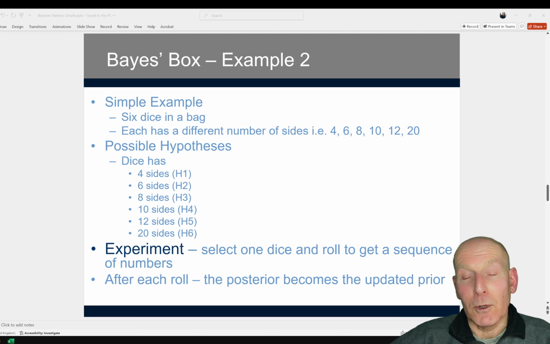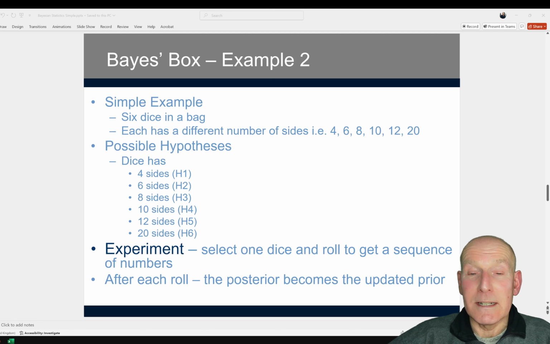In other words, I'm going to put them back into the bag, and I'm going to pick one at random, and I won't tell you what it is, and then I'm going to gather some data about that particular dice to try to find out which dice I've picked up, simply by using Bayesian analysis.